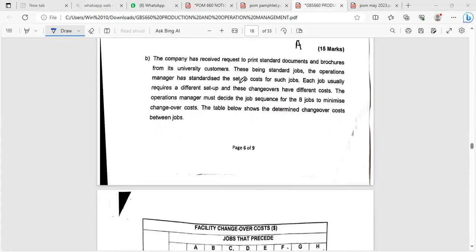It says a company has received requests to print standard documents and brochures from its university customers. These being standard jobs, the operations manager has standardized the setup cost.